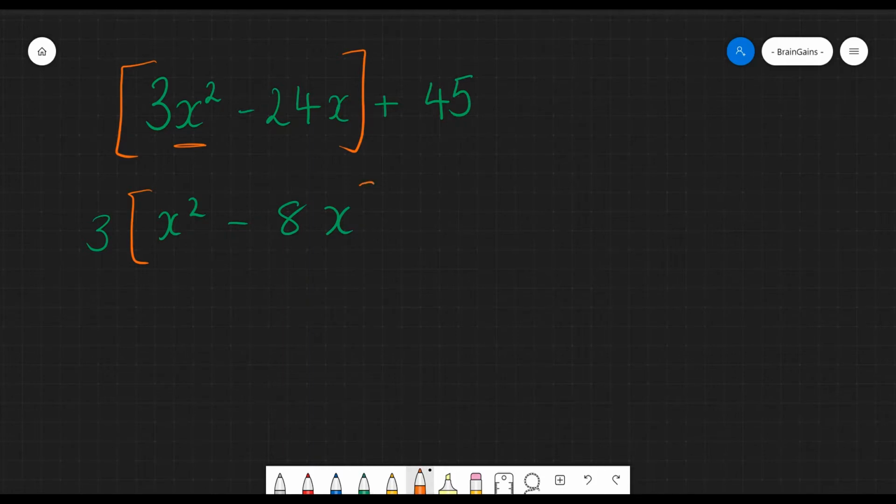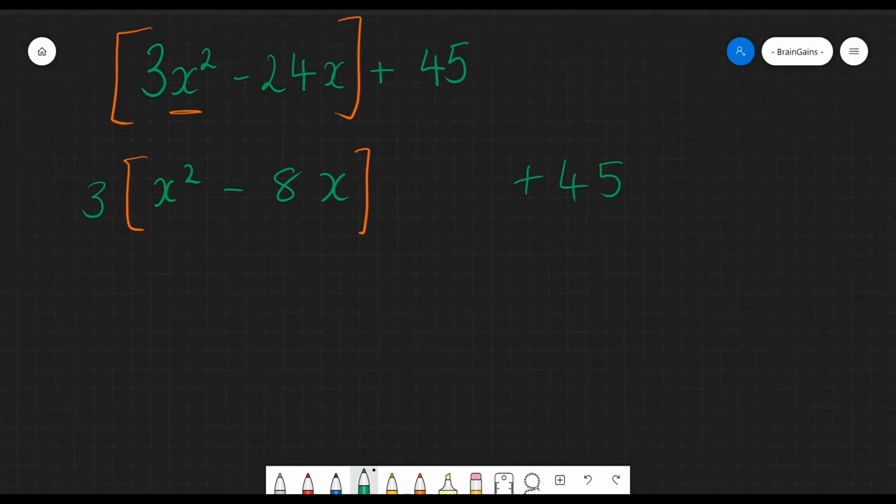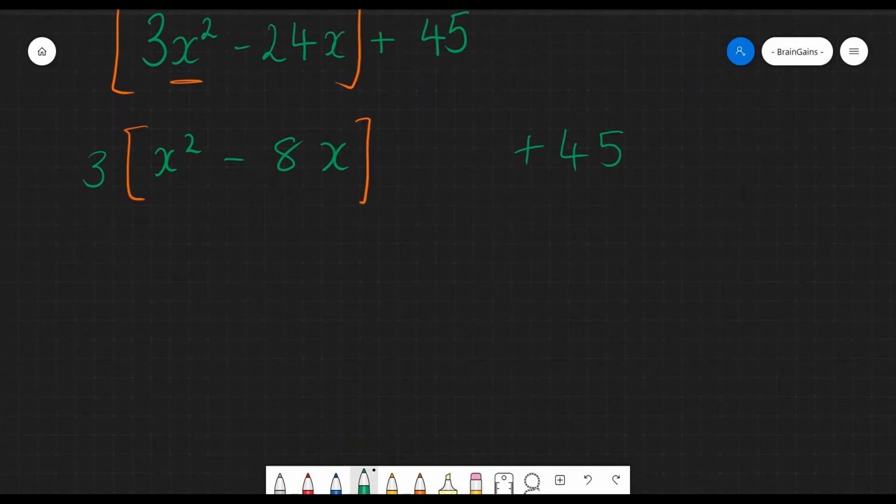And then we close the square bracket, and the constant term stays as it is. This constant term will only be used at the very end, so you can disregard it for these next few steps.